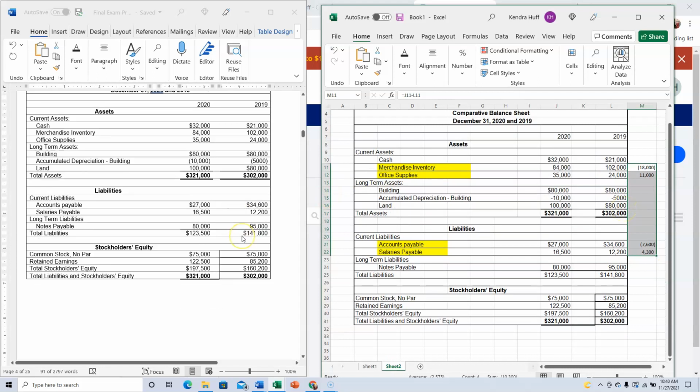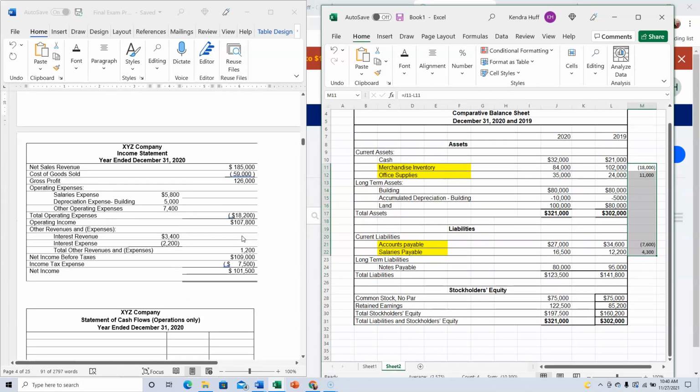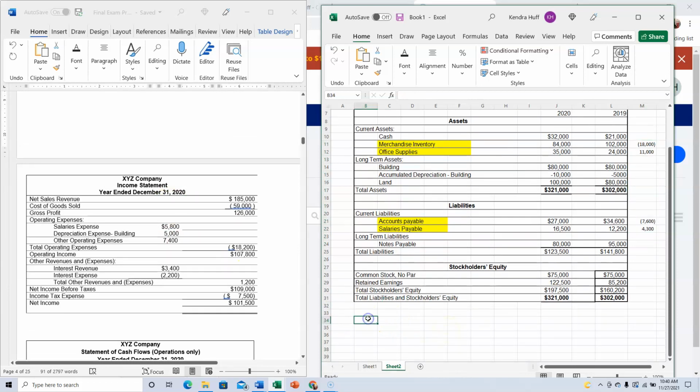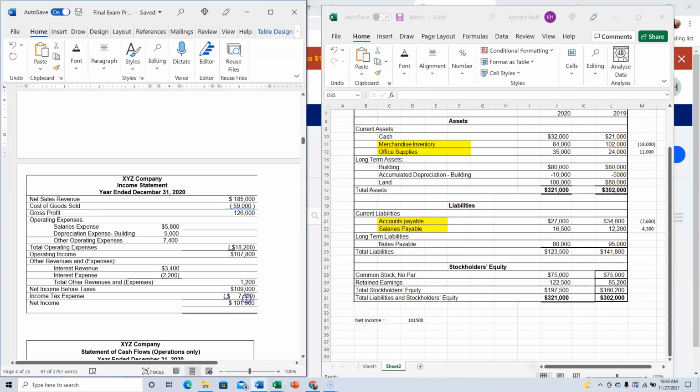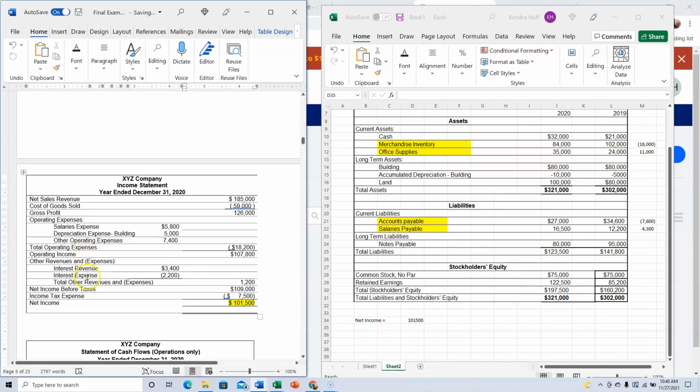Okay. Then other things I need to know. I need to know a couple of things off of the income statement. I need to know what net income is. That's coming from right here. I need to know if there are any gains or losses, which I do not see.